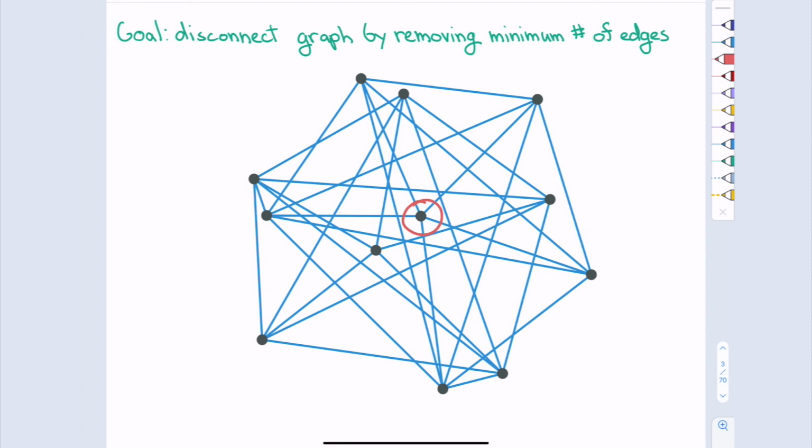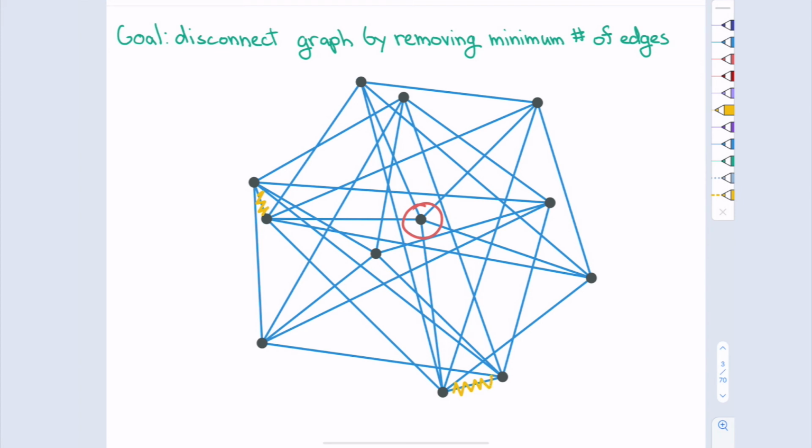I kind of see this graph as two pentagons, and if you remove the two smallest edges, the one on the very bottom and the one on the very left, they're both kind of small. Okay, so this was a trick.